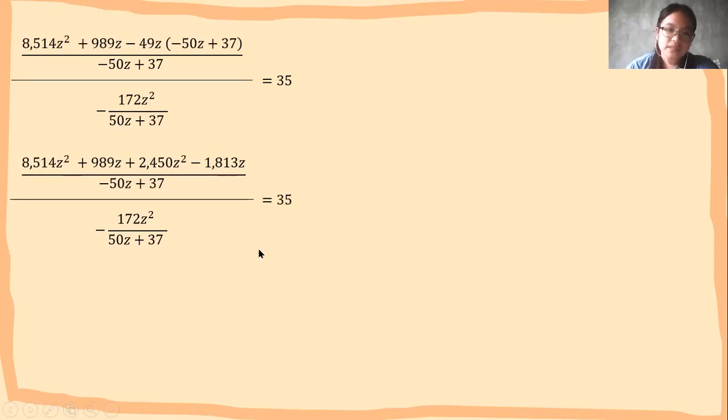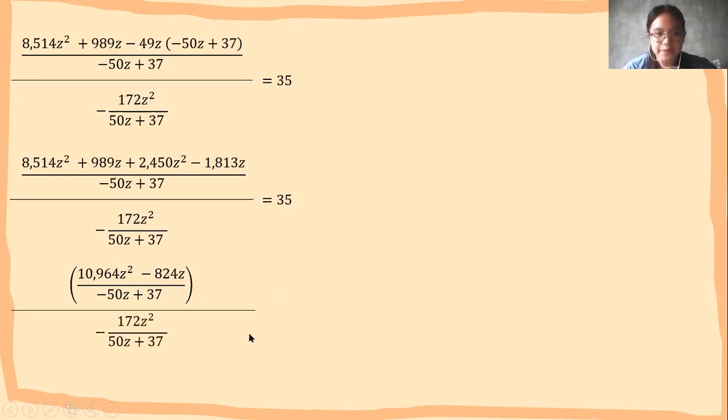So the next step, let's multiply the numerator to this denominator. Or let's combine the like terms first. So we have 8,514z squared plus 2,450z squared, so we have 10,964z squared. Then 989z plus negative 1,813z, so we have negative 824z, over negative 50z plus 37.